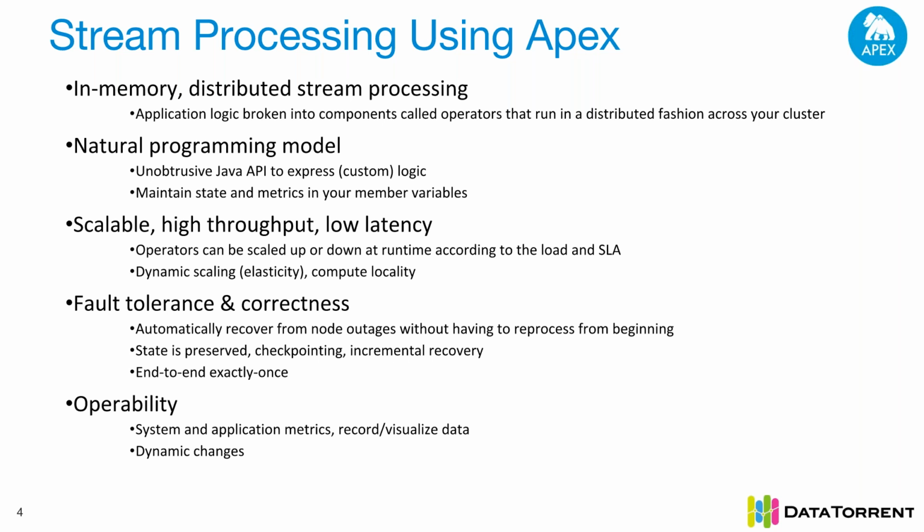Apex is a scalable, very high throughput and low latency implementation. Your operators can be scaled up and scaled down at runtime according to your load or your SLA. So Apex provides dynamic scaling, which helps you manage your throughput. It also provides various types of compute localities, which help you reduce latency by reducing your network bandwidth usage.